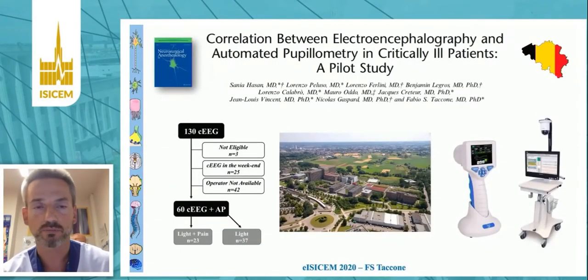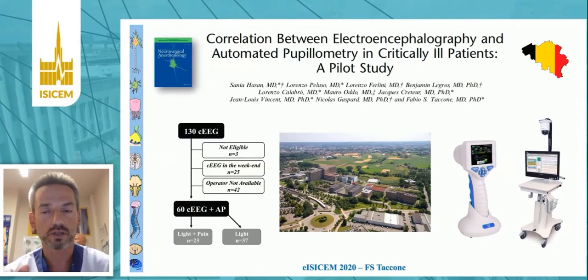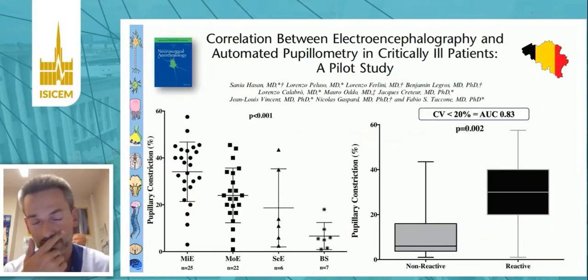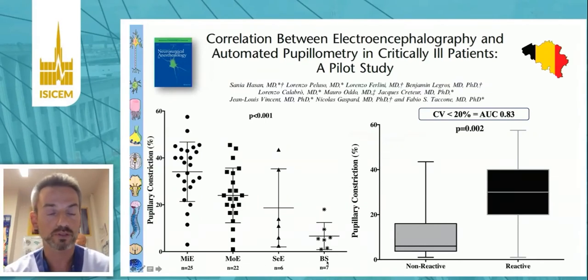This is a study from my group in Belgium, where we compared pupillometry information to the EEG in a heterogeneous population of 60 critically ill patients, a proof of concept study. We observed differences in pupillary constriction rate according to the different encephalopathy grades assessed by the neurologist, blinded to pupillometry. The worse the cortical function, with severe encephalopathy and burst suppression, the lower the pupillary constriction.